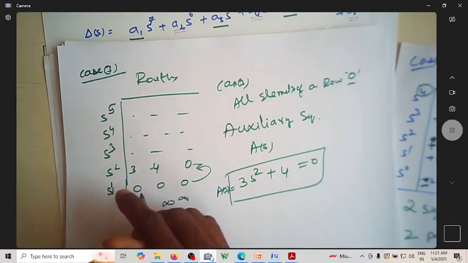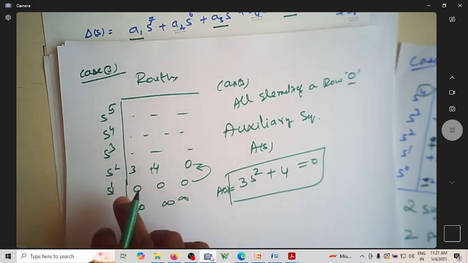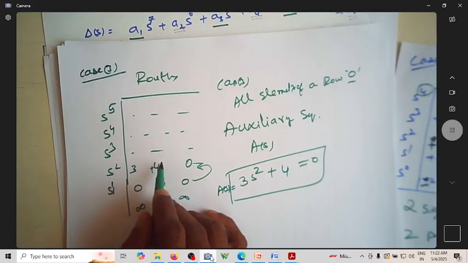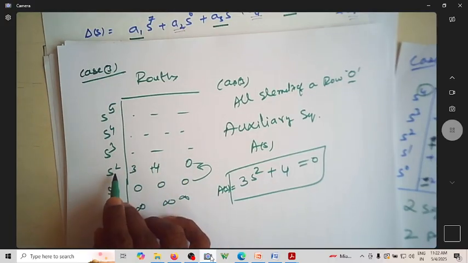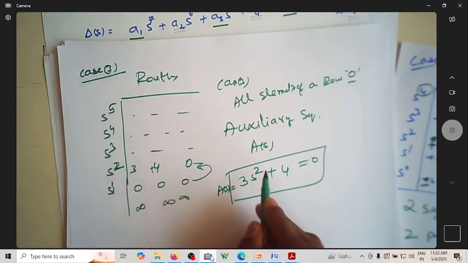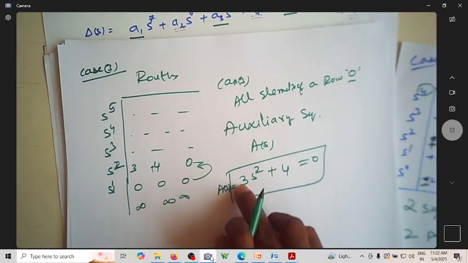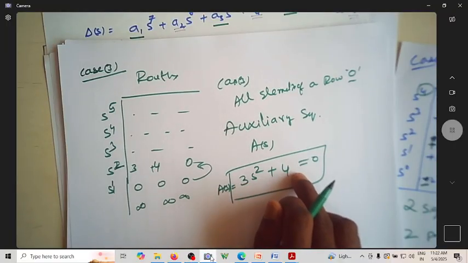If it is 3 4 0, then because we know these are the coefficients of alternate powers of s, since it is the s^2 row, the alternate power of s^2 is you leave out s, and it is s^0, which is 1 there. So you have this as the auxiliary equation.